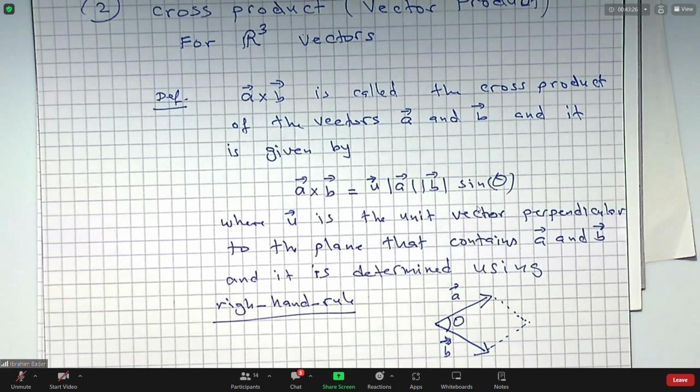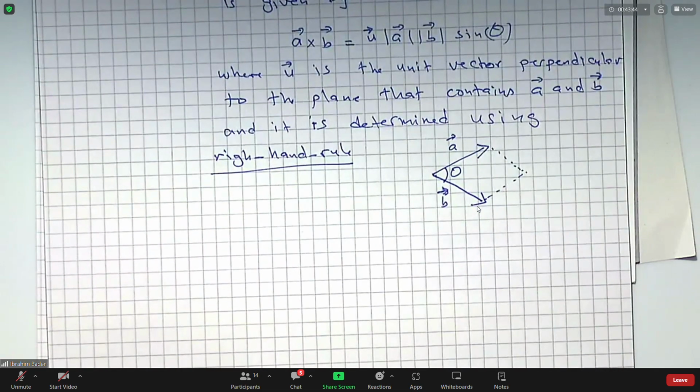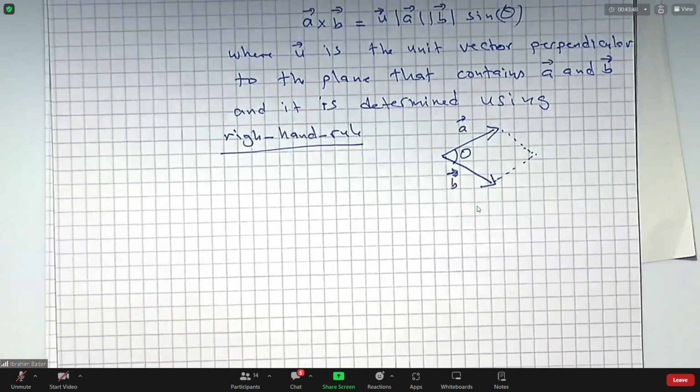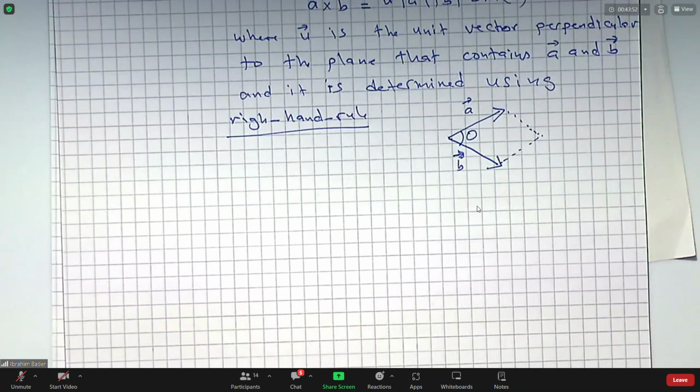So now I will just remind you about three vectors. What we will be agreeing on now is very important for evaluating this type of product.